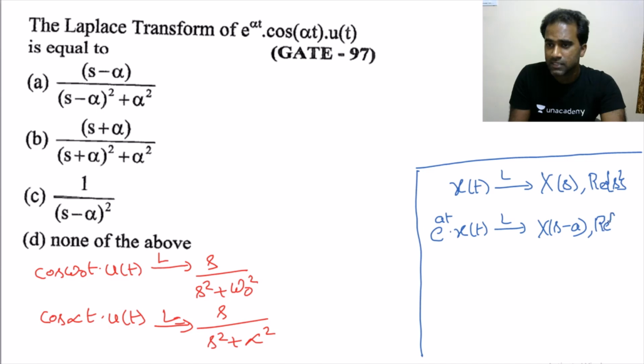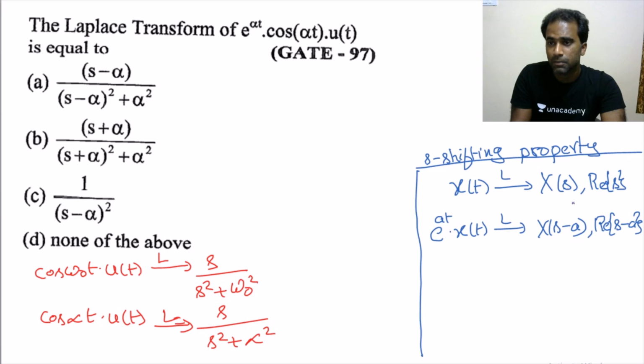The same Laplace transform, but replace s with s minus a if you are multiplying with e power at. So this is similar to the frequency shifting property of the Fourier transform. In the time shifting property, the sign here and the sign here will be the same. And in the frequency shifting property, or in the s shifting property, as we call it, we call it the s shifting property.